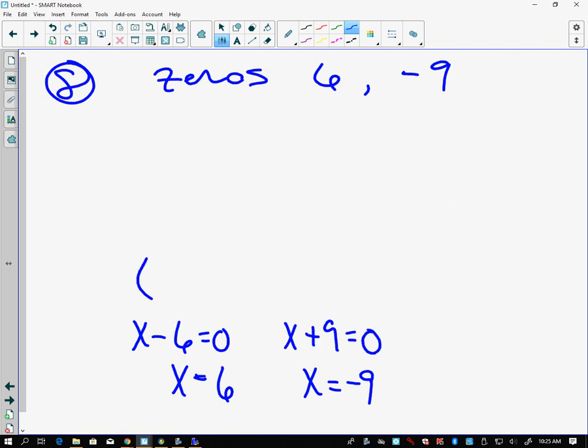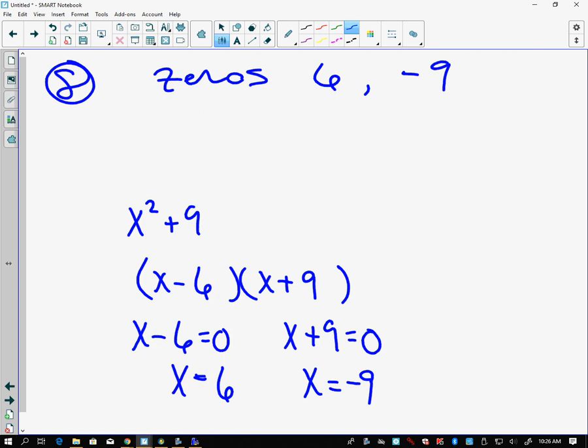And that's giving me 2 sets of parentheses. What goes in the first set? X minus 6. In the second set? X plus 9. And now what? FOIL. So I'm getting first what? X squared. Then what?